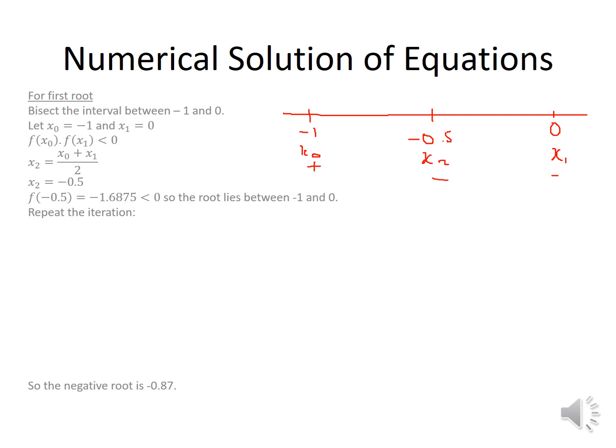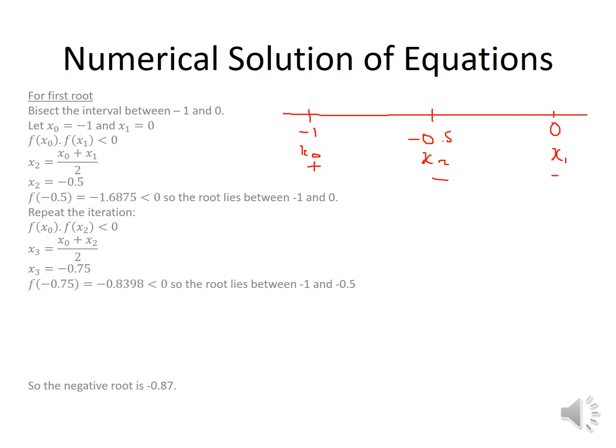From this number line, it is very clear. The root is between negative 1 and negative 0.5. It's not between negative 0.5 and 0. And we repeat the iteration. f(x0) multiplied by f(x2) is a negative value.